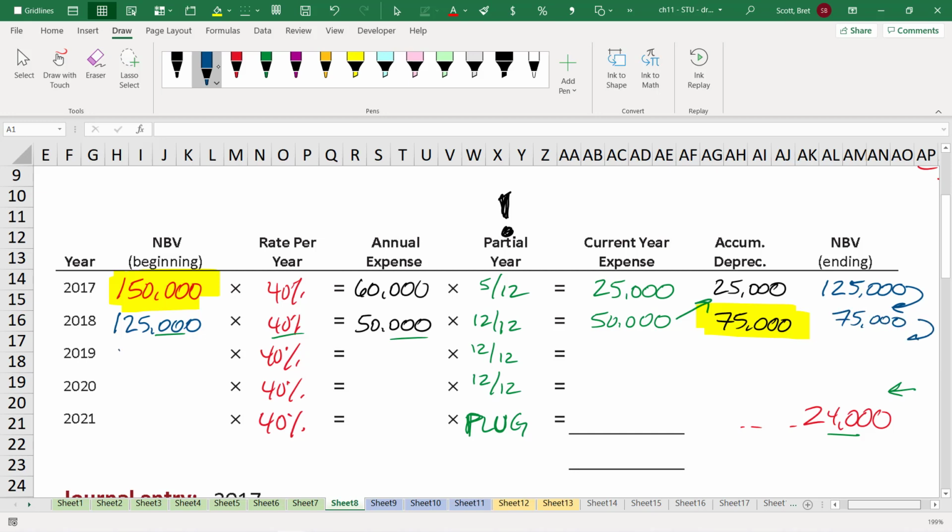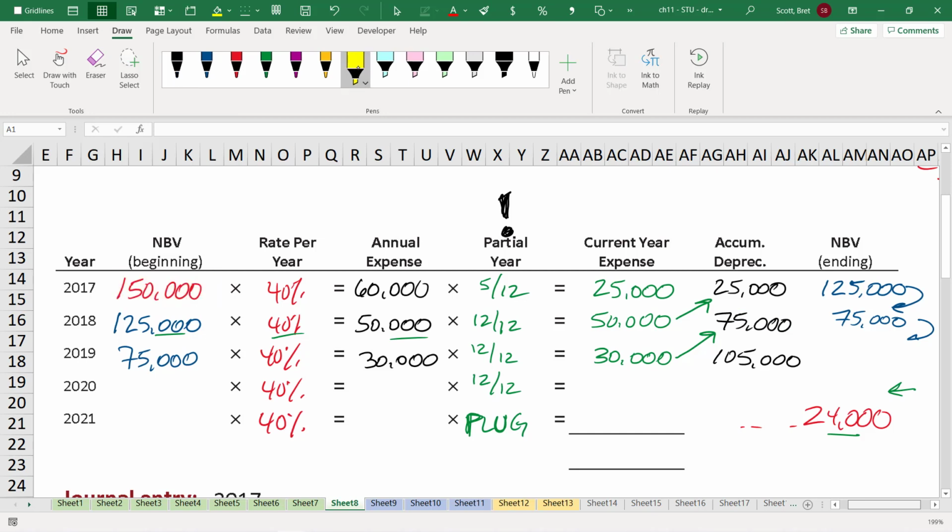Bring that over to the beginning. $75,000 times 40% is, I believe, $30,000. Times 12 over 12, equals 30,000. Add that to the beginning accumulated depreciation. 105 is my ending balance at the end of the third year.